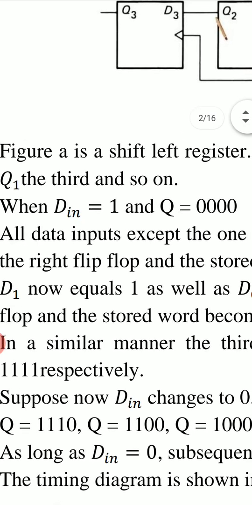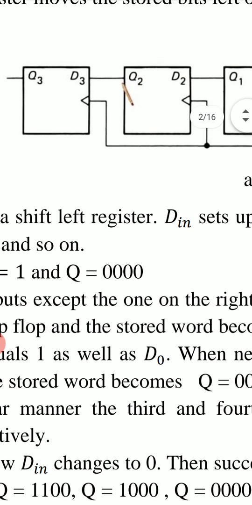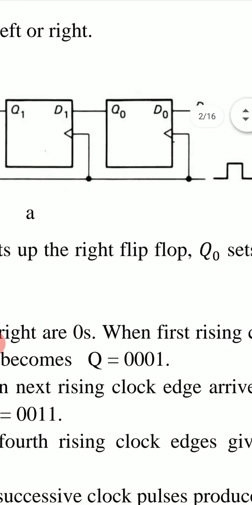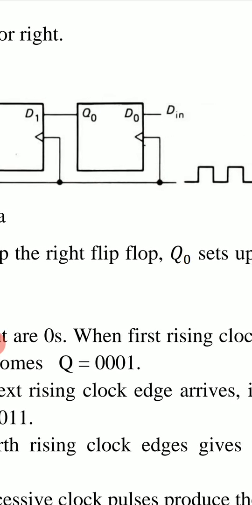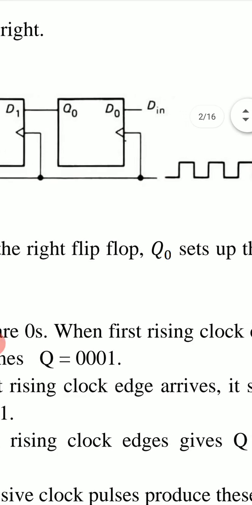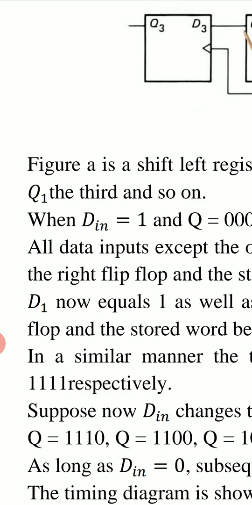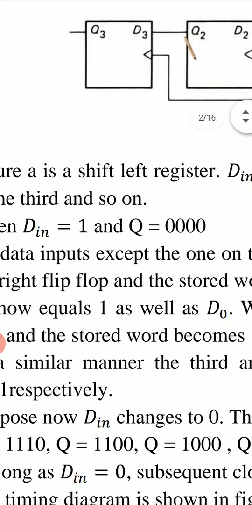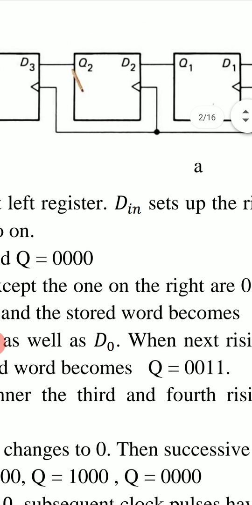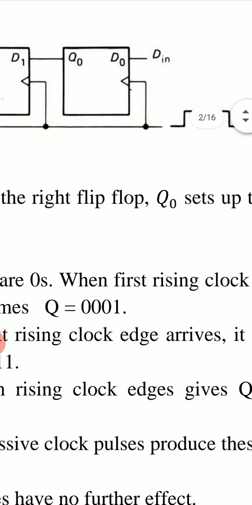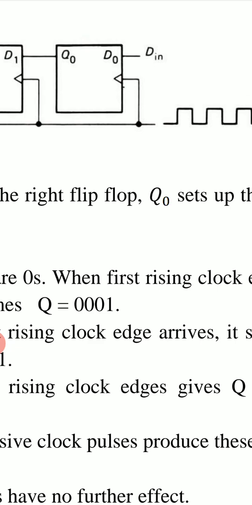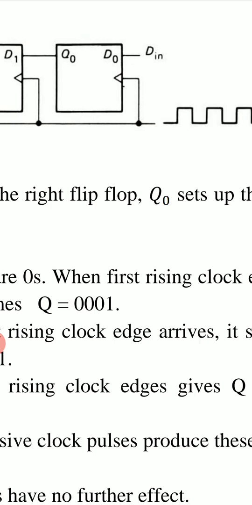Let initially this Q be 0, 0, 0, 0. It means Q3 is 0, Q2 is 0, Q1 is 0, Q0 is 0. All these four output bits are 0. Now, when D in is 1 and Q is 0, 0, 0, 0, then D0 will also become 1, and now Q0 will become equal to this D0, that is 1, when the positive clock edge arrives.